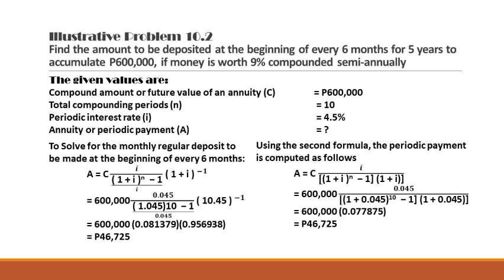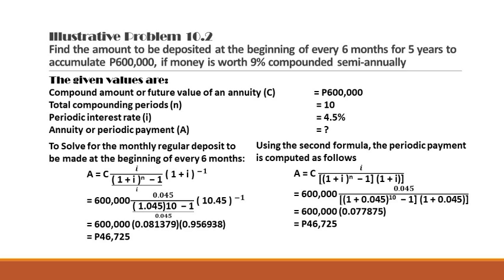We have here the other formula that we can also use in solving for the annuity or the periodic payment A. A is equal to the compound amount or the future value of an annuity C multiplied by the periodic interest rate I over the quantity 1 divided by the quantity 1 plus the periodic interest rate raised to the power of n, the compounding period, subtracted by the quantity 1, multiplied by 1 plus the periodic interest.